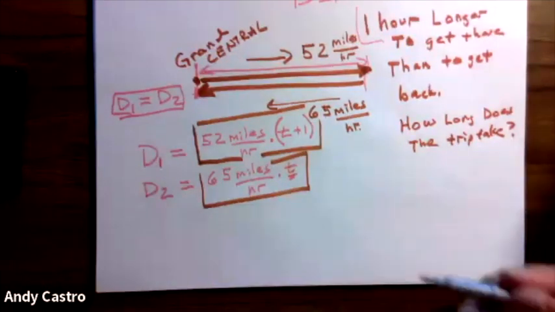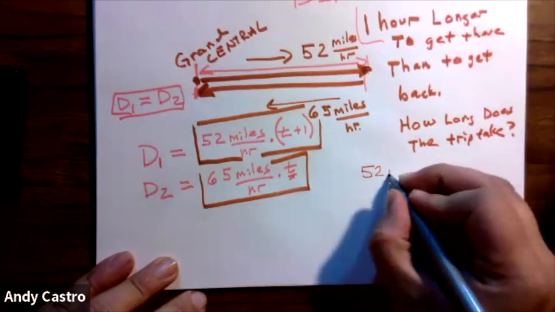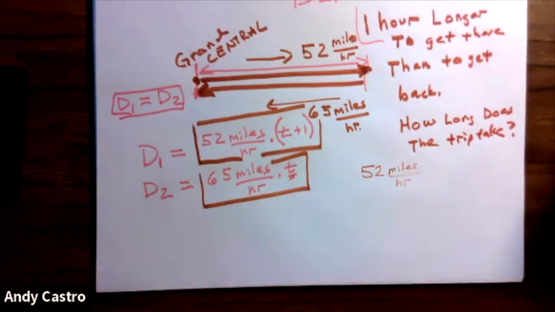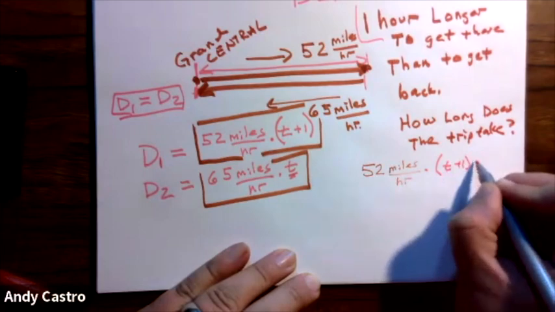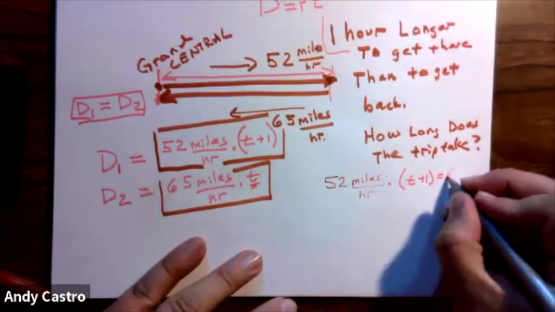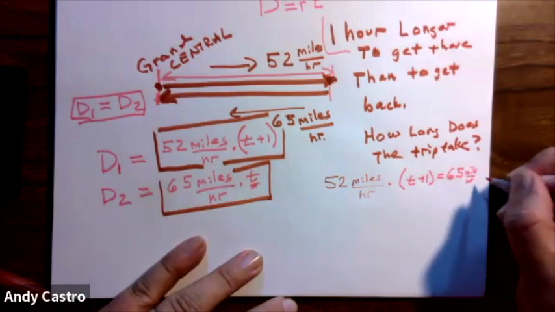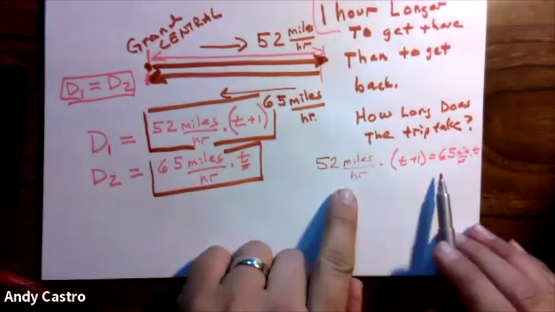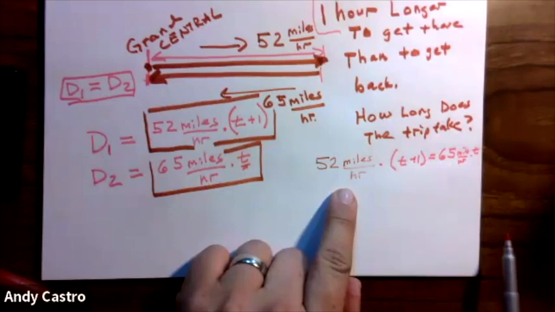So we can say that 52 miles per hour times T plus 1 is equal to 65 miles per hour times T. This right side of the equation is 65 miles per hour times T.